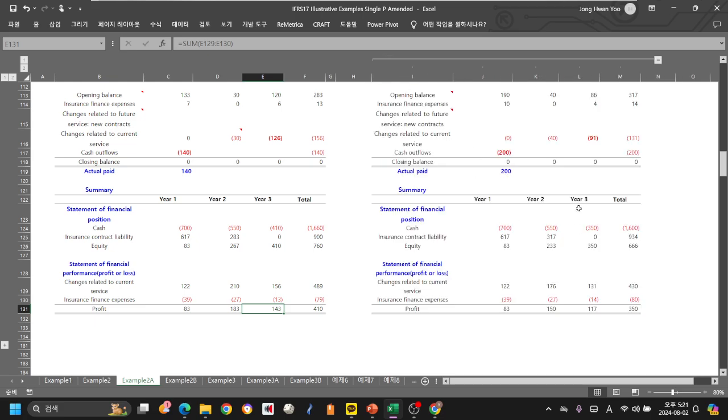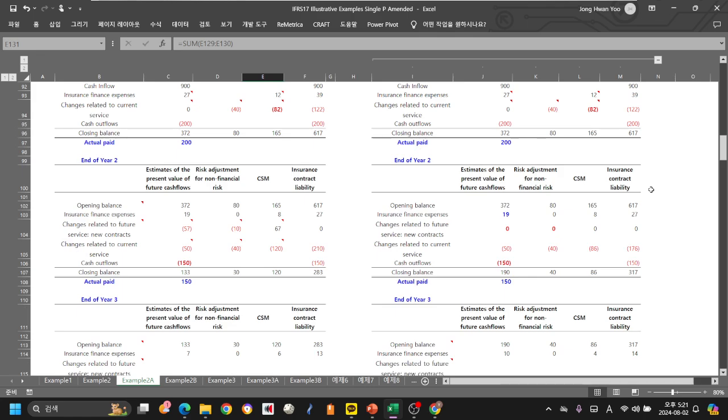But there is another case, where even though that happens, I don't change the future estimate. This is just temporary, so I don't want to change the assumption. But still, the experience adjustment produces 50 as a profit. Here nothing else changes, because the future fulfillment cash flow for the LRC isn't changed at all, so all 0.